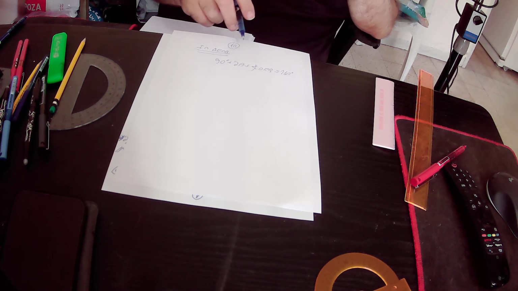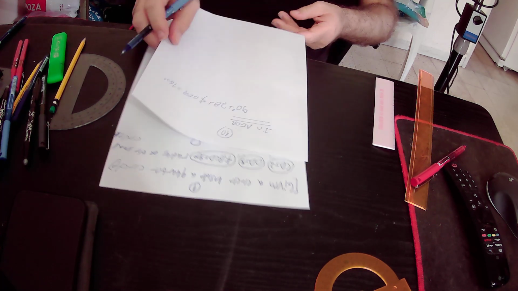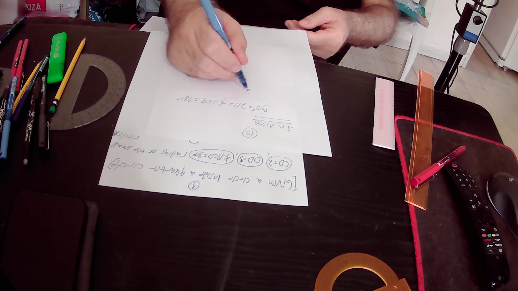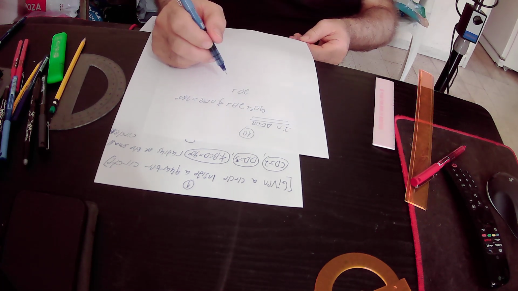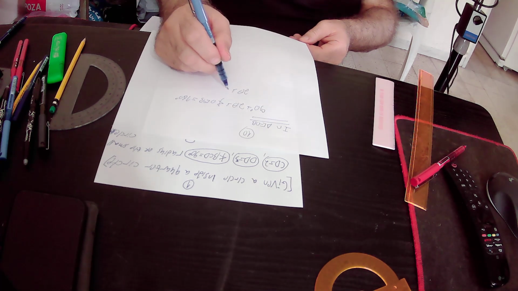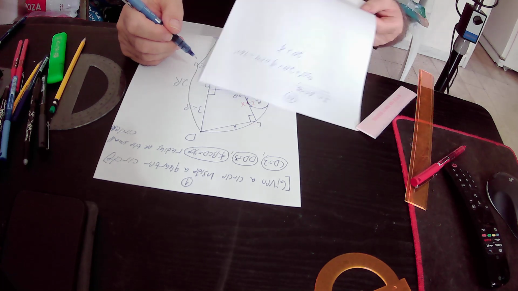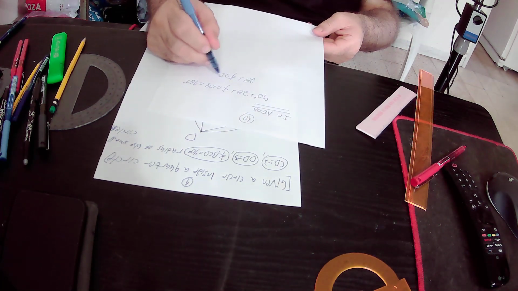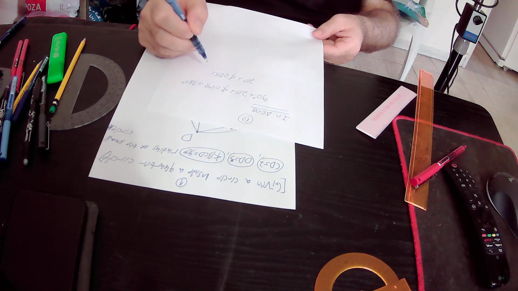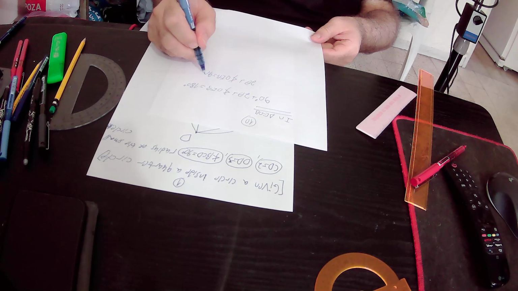Here we will subtract 90 degrees from this equality, and we will get that 2 theta plus angle OEB equals 180 degrees minus 90 degrees, which is 90 degrees.